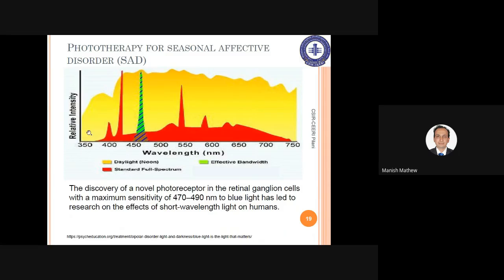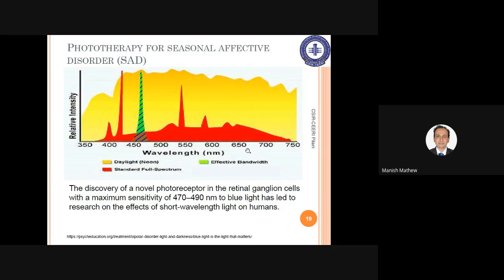And the standard full spectrum is this red one, where we have some peaks around 400, then 420, then around 550. So we have a peak wavelength in between.